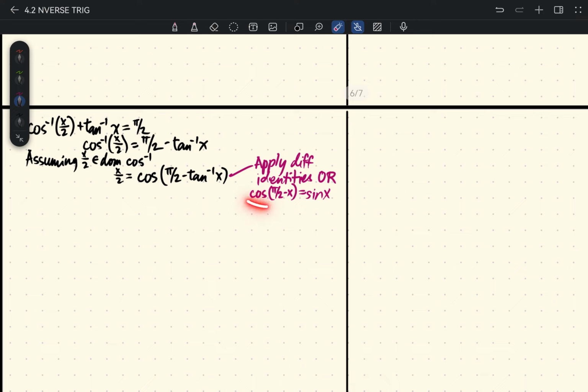That's because cosine and sine are co-functions of each other. So this one right here just becomes x over 2 equals sine of tangent inverse of x. And thankfully, this one is a little bit better.